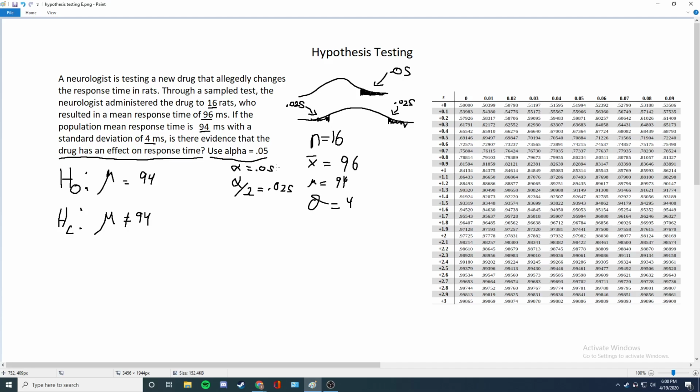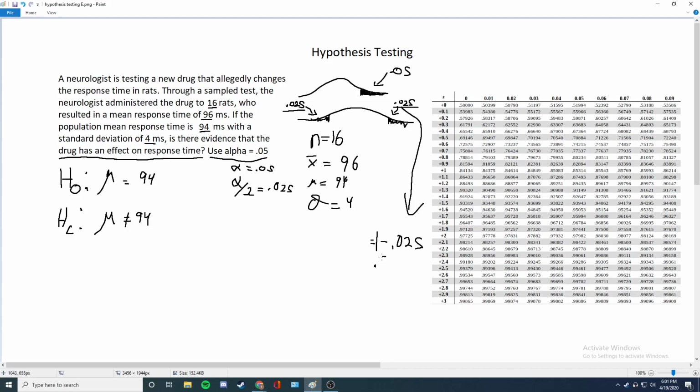So from here, I'm going to do this problem with the z method from the last video. So we can take these areas, the 0.025, and find their corresponding z's for the rejection region. So once again, if we take this, we'll subtract it from 1 to find the area that our z corresponds to on the table.